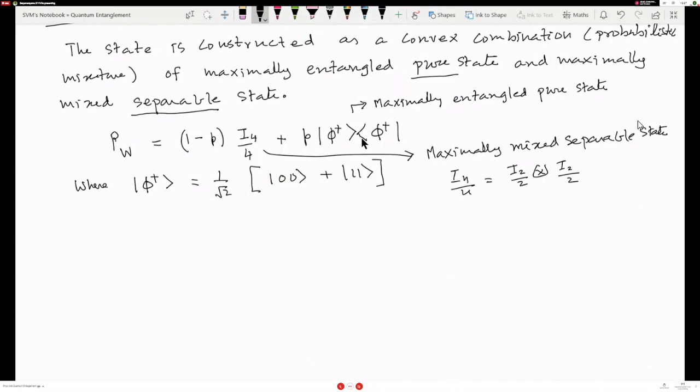See, whenever you have an identity, the probability for each one of the pure states in terms of which you can decompose is the same. That means equal probability, and equal probability is the maximally mixed state. You cannot have more mixing than that. So it is just the definition of a maximally mixed state.